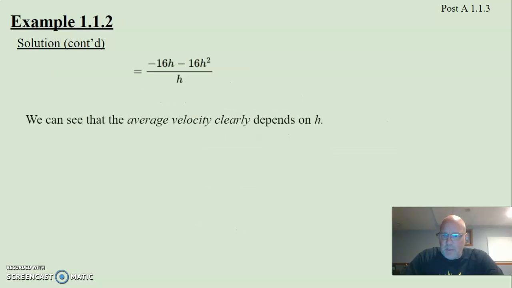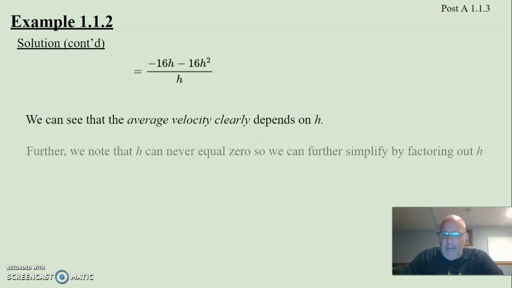Let me go back here and say, we see that the average velocity from 0.5 to 0.5 plus h clearly depends on what that h value is. We also know that h cannot equal 0. Remember that, and we talked about that. So this denominator of 0 right now is a problem because h cannot equal 0.